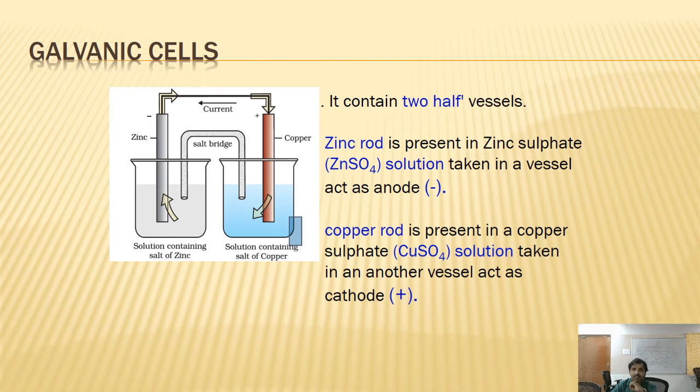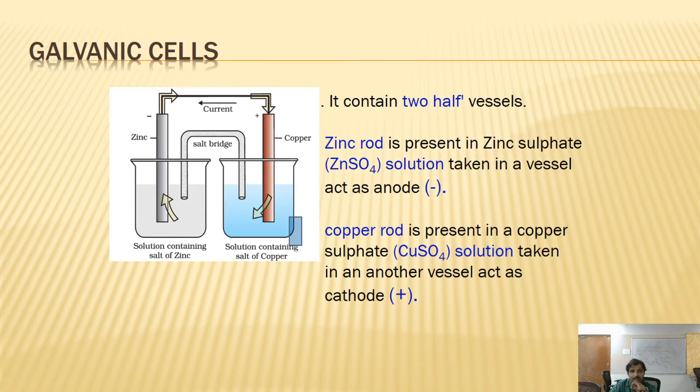Now, the explanation part. It contains two vessels. One vessel contains zinc sulfate solution, and the other vessel contains copper sulfate solution. These two vessels are connected by a salt bridge.